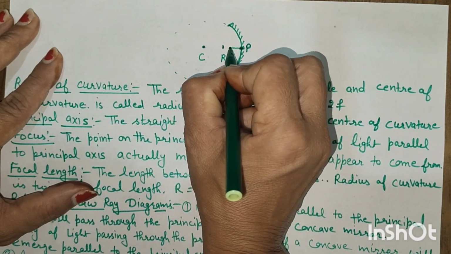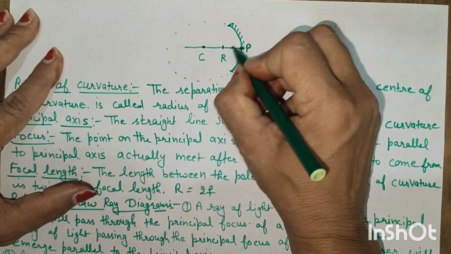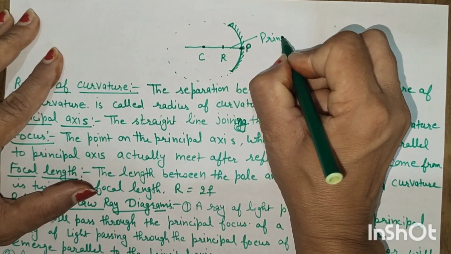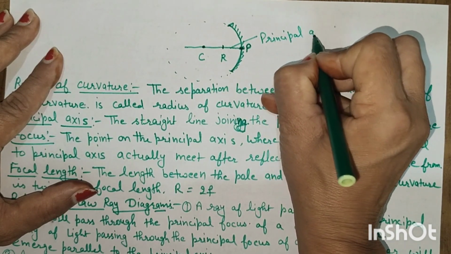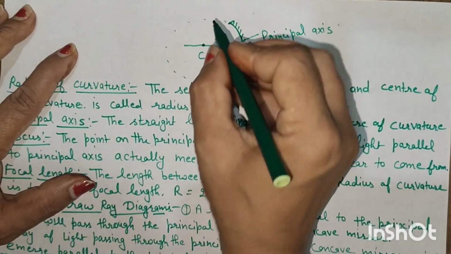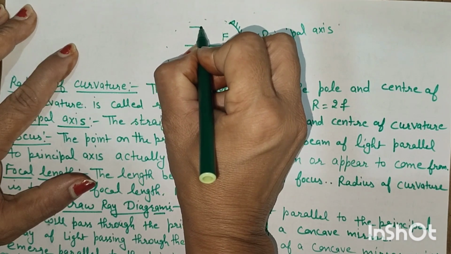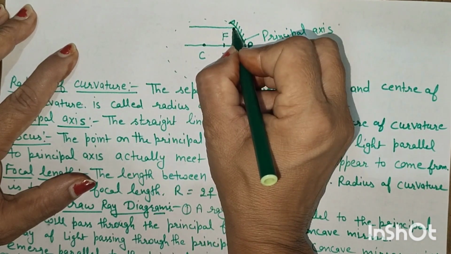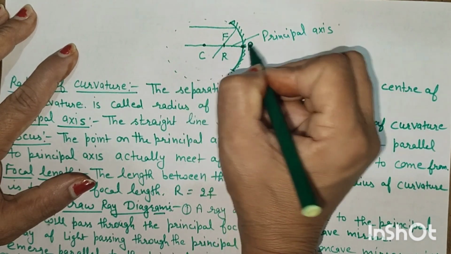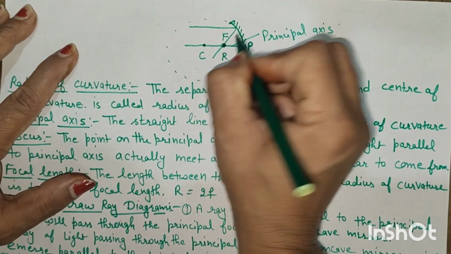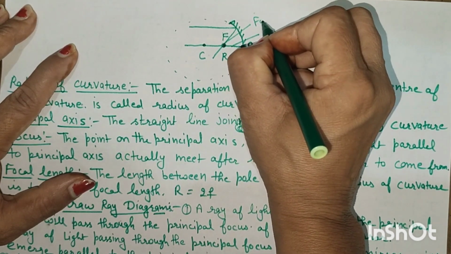Now if we join this line, this is called principal axis. Next is focus. Here the rays after reflection converge or diverge. This point is called focus.